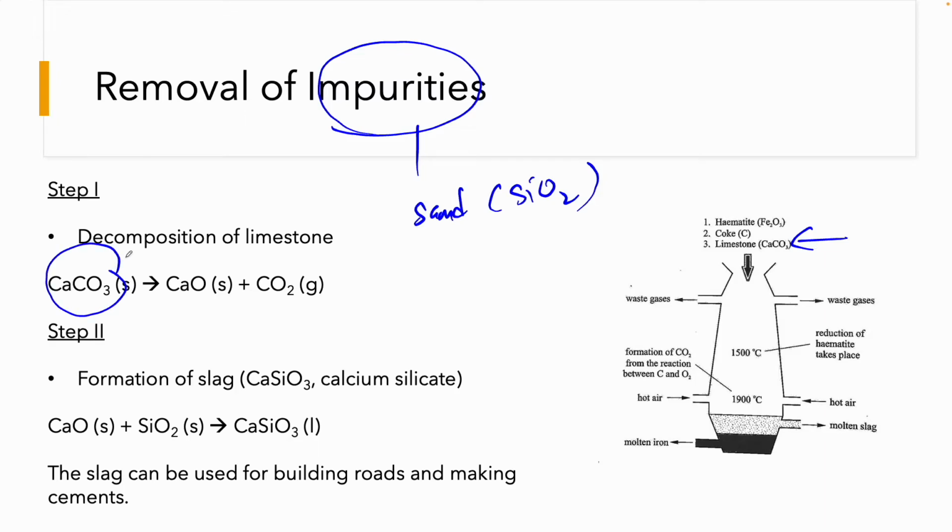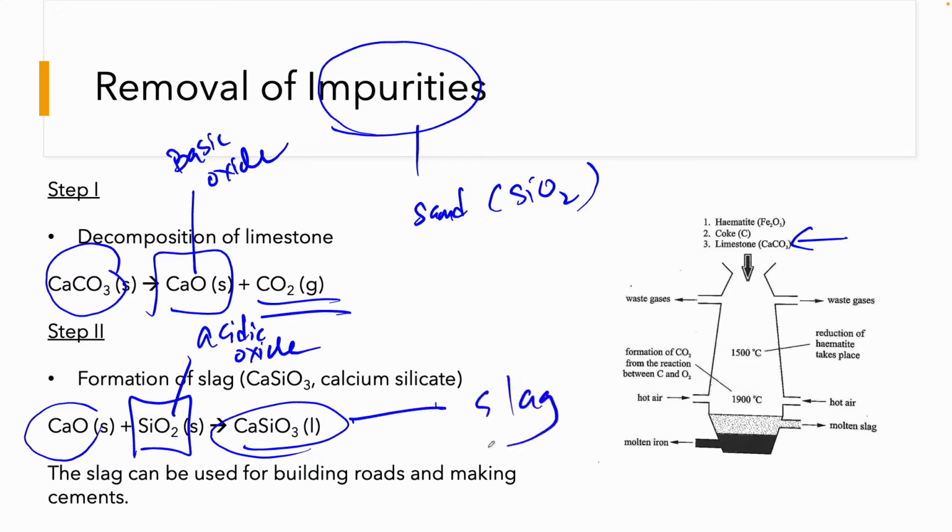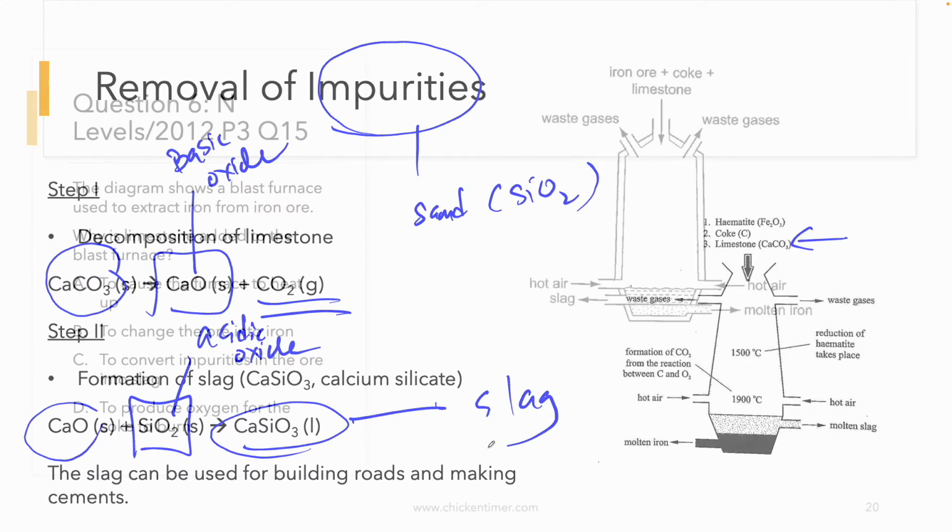It will decompose under high heat to produce carbon dioxide and calcium oxide, and calcium oxide is a basic oxide. The basic oxide will react with silicon dioxide, which is the acidic oxide. Then you get calcium silicate, the slag, which can be used for building roads and making cement.